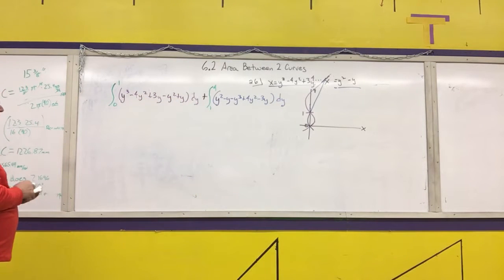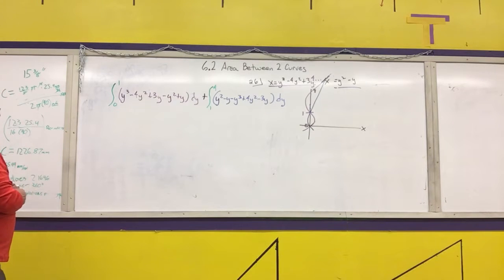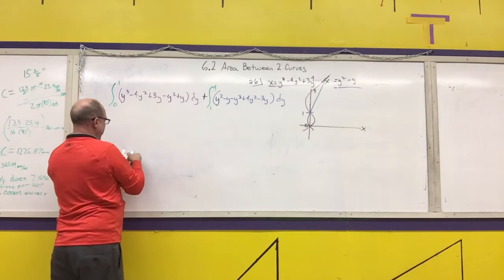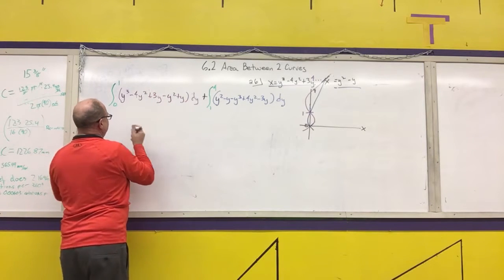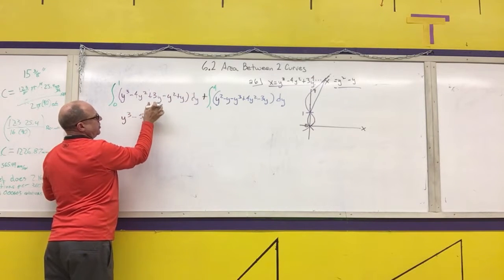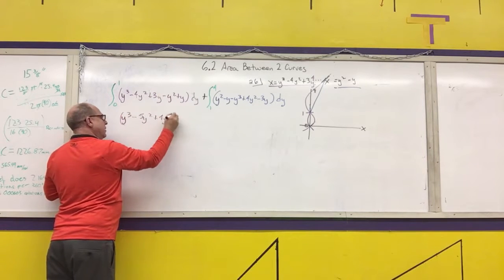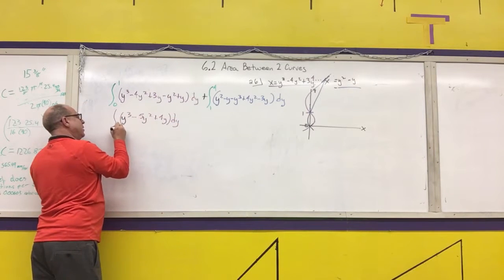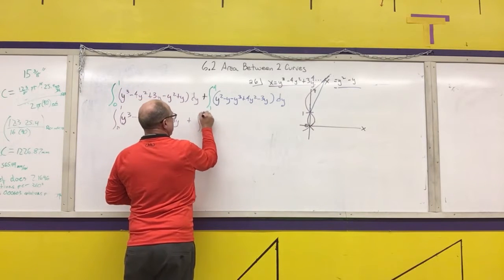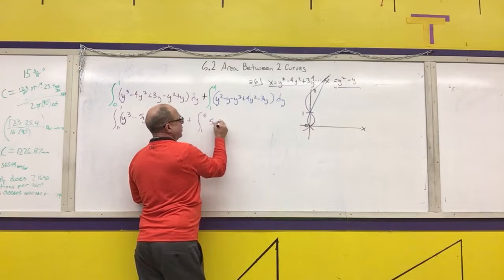Now I'm going to do two sets of antiderivatives or definite integrals. Okay, first thing I'm going to do is negative y squared minus y squared is minus 5y squared. 3y plus 1y is 4y. Y squared plus 4y squared is 5y squared.